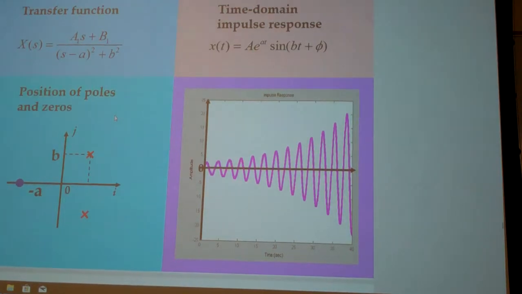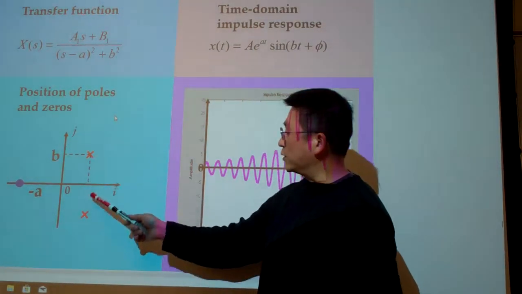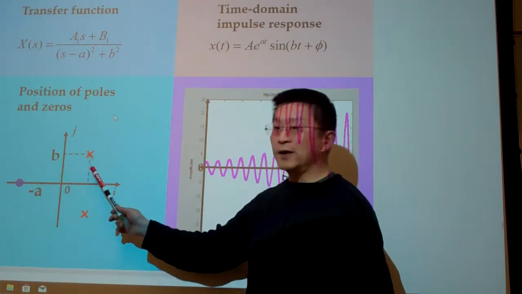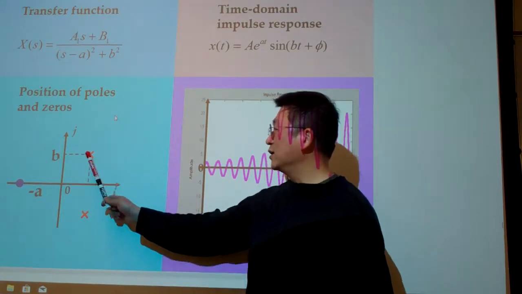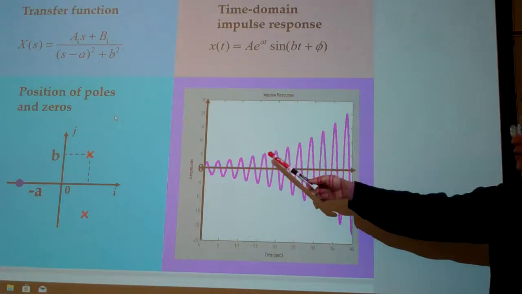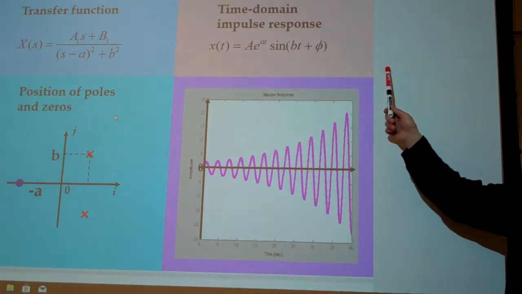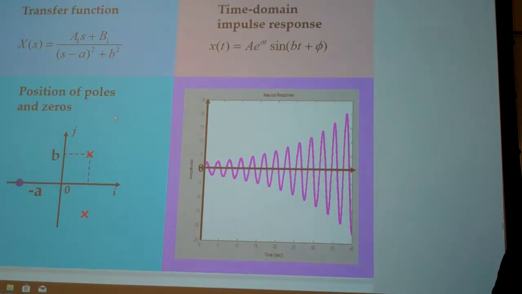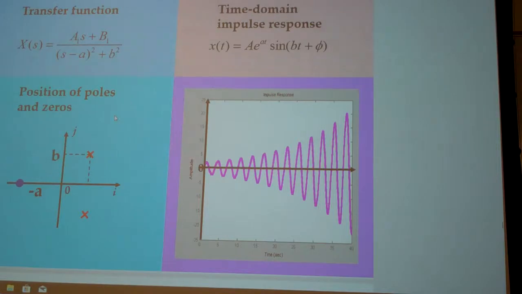That is a second order system. Again, for this second order system, we still have positive real poles, the poles on the right hand side. As long as they are on the right hand side, it really doesn't matter, it still has a trend of growing to infinity. So this system is unstable. You okay? Good.